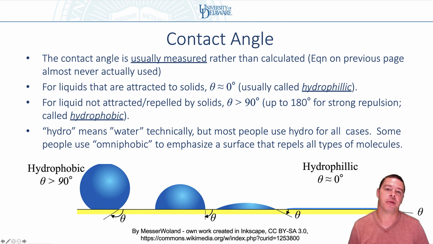A typical usage of that word is in the context of cell phones. You've got oils all over your fingers, and often you don't want those oils to get sucked onto the surface and leave fingerprint marks all over your devices. So I think the Android sellers and Apple will often use the word omniphobic to describe the front screens of their phones.